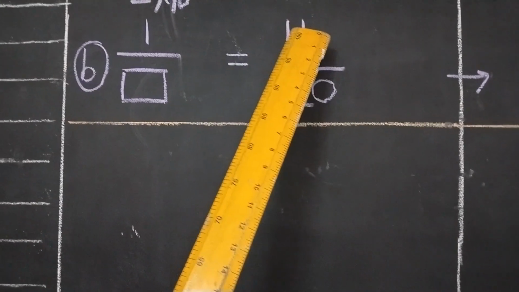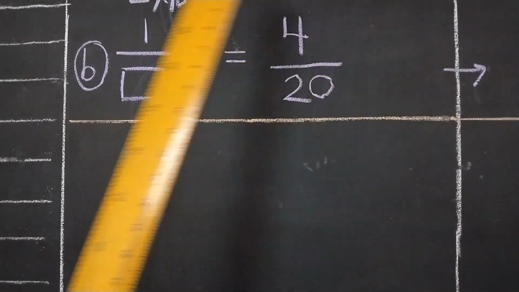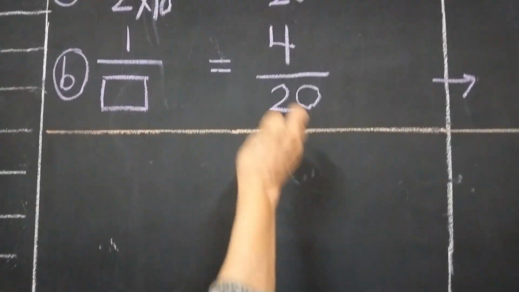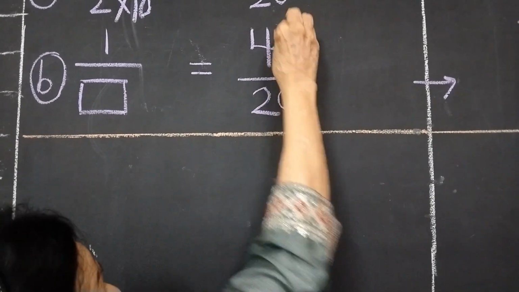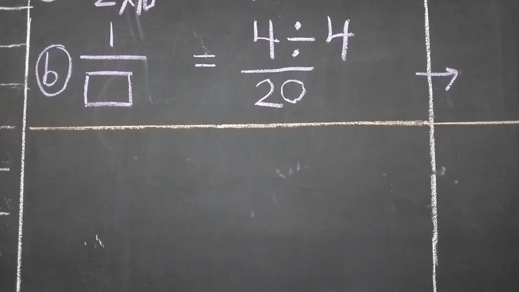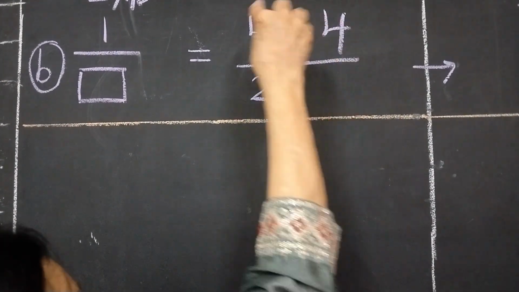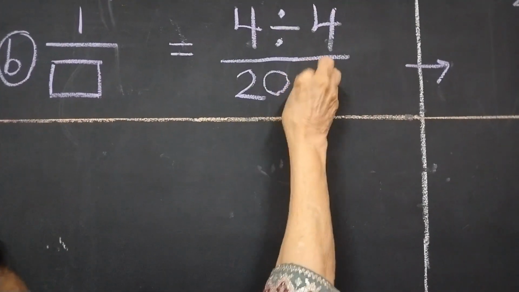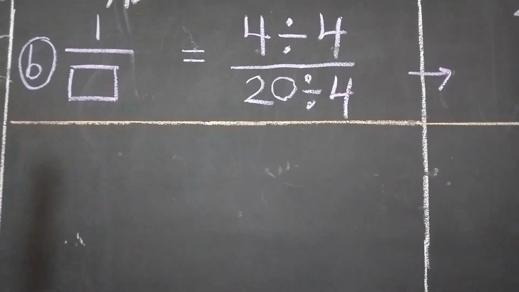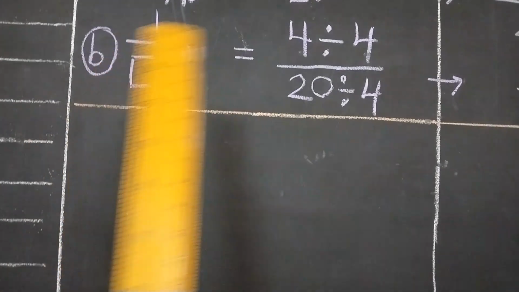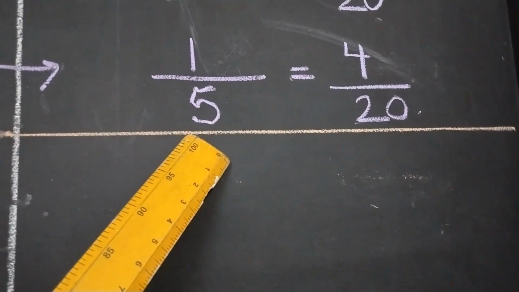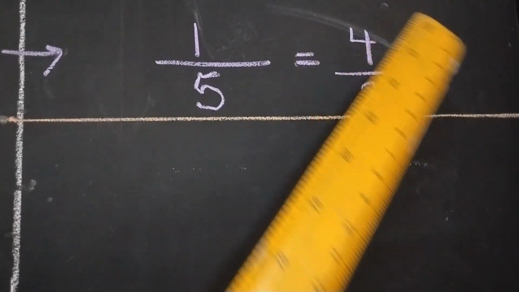So from the numerator 4, to come to the numerator 1, we will have to divide it by 4, isn't it? And the minute we divide the numerator by 4, we will have to divide the denominator also by 4, and hence we will get the final answer: 1 upon 5 is equal to 4 upon 20.